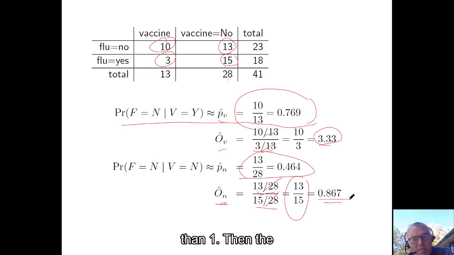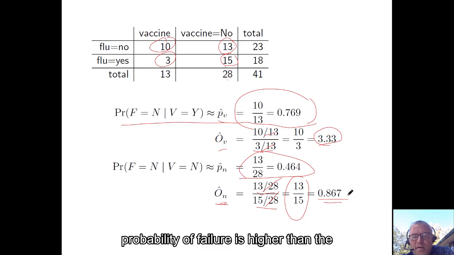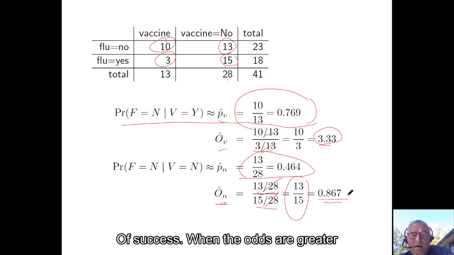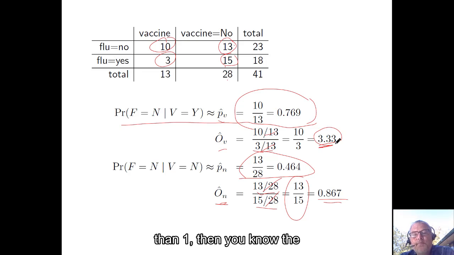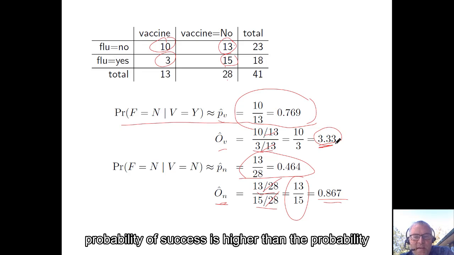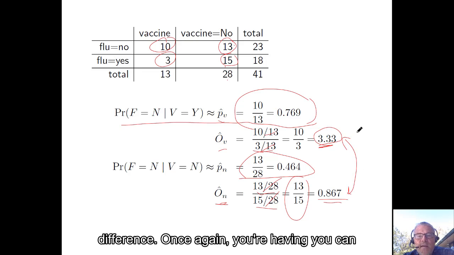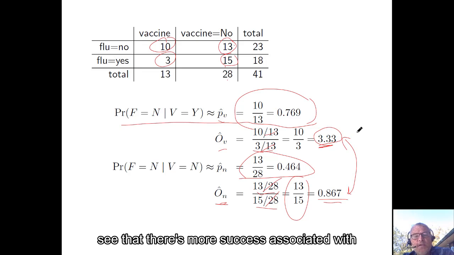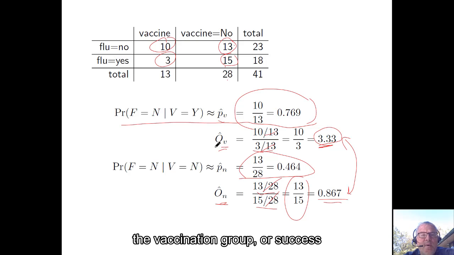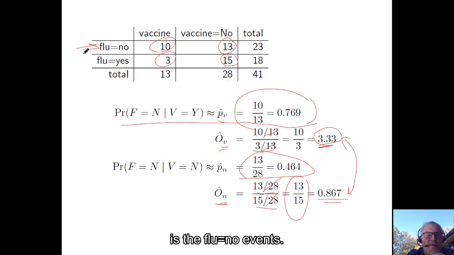When the odds is less than 1, then the probability of a failure is higher than the probability of success. When the odds are greater than 1, then you know the probability of success is higher than the probability of failure. Okay, so we can see that there's a difference. Once again, you can see that there's more success associated with the vaccination group, where success is the flu equals no events.